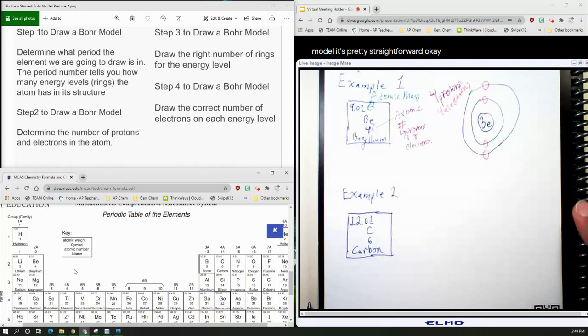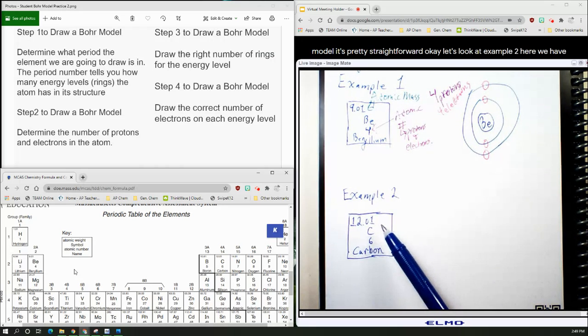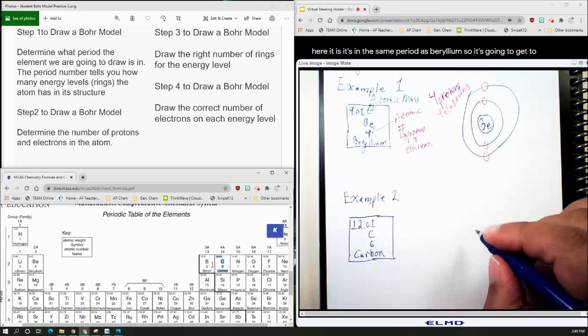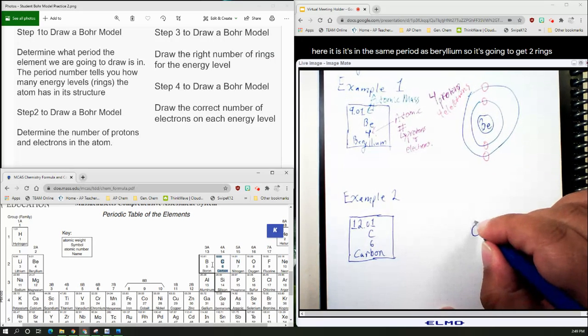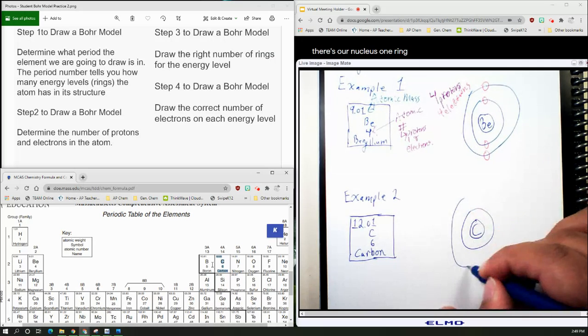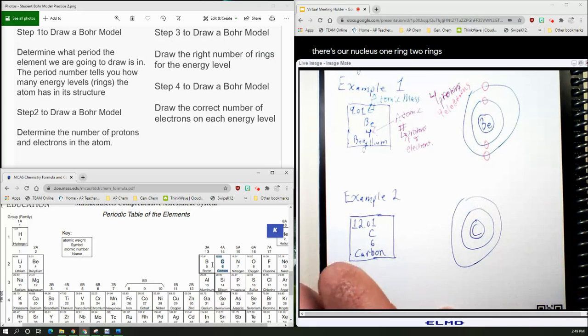Okay, let's look at example 2. Here we have carbon. So we need to determine what period it's on. So we find carbon, here it is. It's in the same period as beryllium, so it's going to get 2 rings. So there's our nucleus. 1 ring, 2 rings.